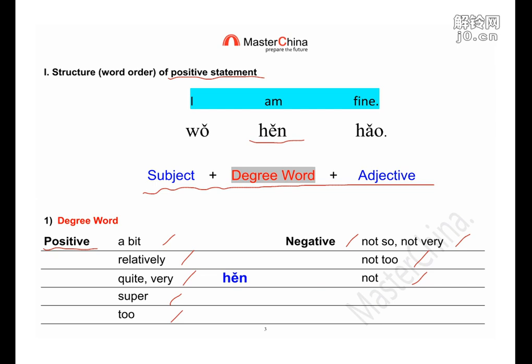For example, if you ask me, Leslie, do you like beer? If I say, yes, I really like it, 我很喜欢. So I very much like it, 我很喜欢. And maybe I will say, I super like it. So you can see my attitude.